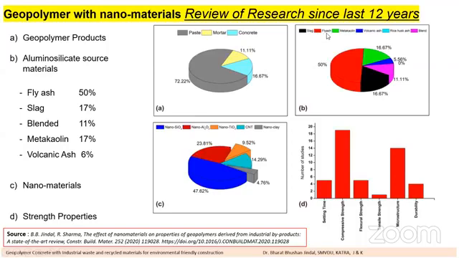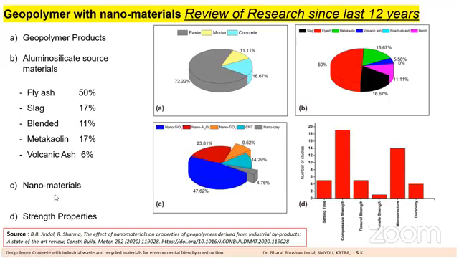They were developing geopolymer concrete or other material using fly ash as the raw material. Slag was nearly 16%, and metakaolin, yes, they have studied, but rice husk ash was not much explored. So this is a gap in the study. You can work on rice husk ash as well as blended material.